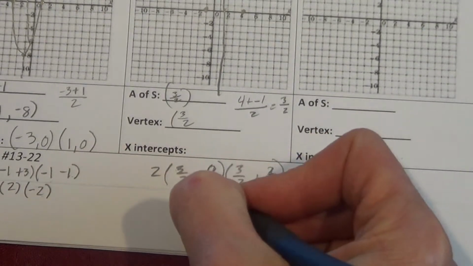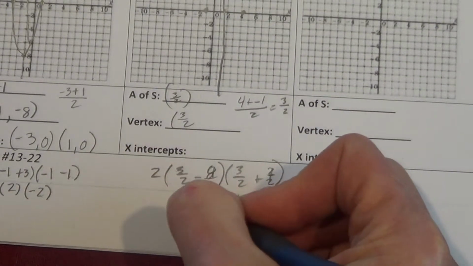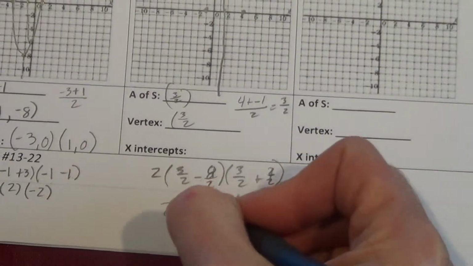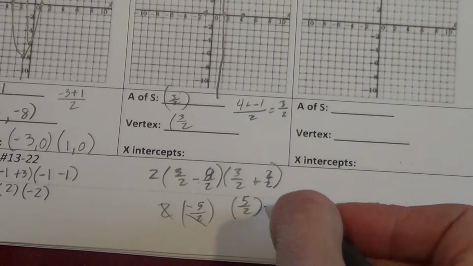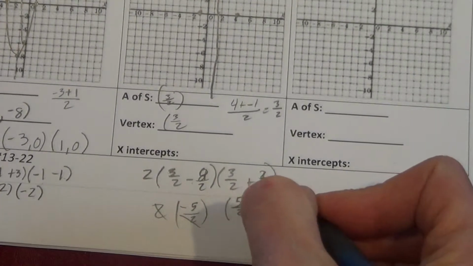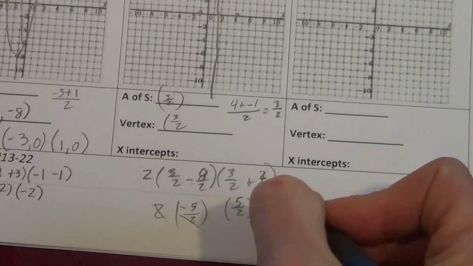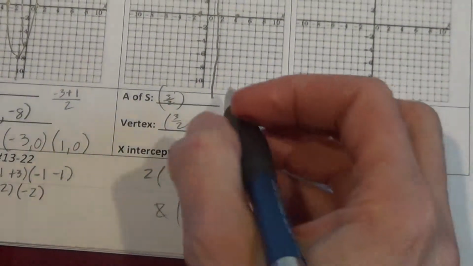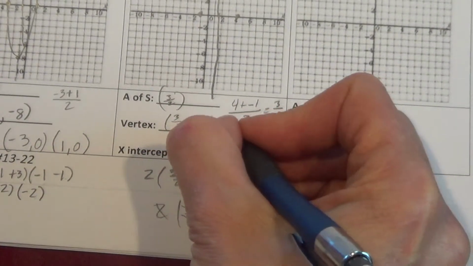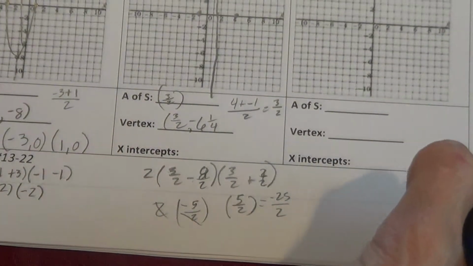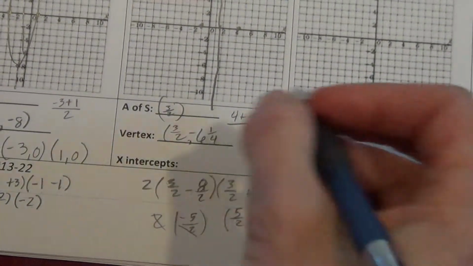So 3 minus 8 is -5/2 times 2. Those would reduce. -5 times 5 is -25 halves, which would be about -6 1/4, just a little over -6.